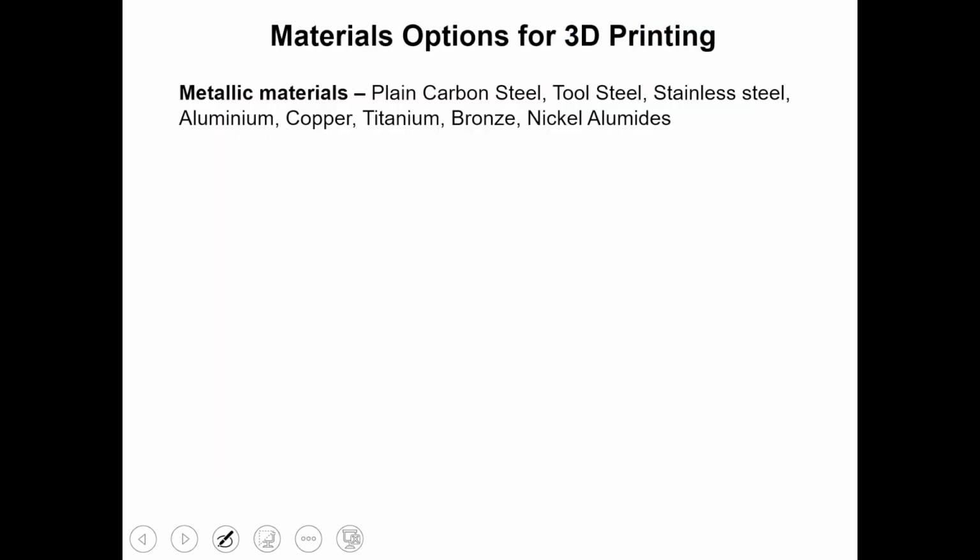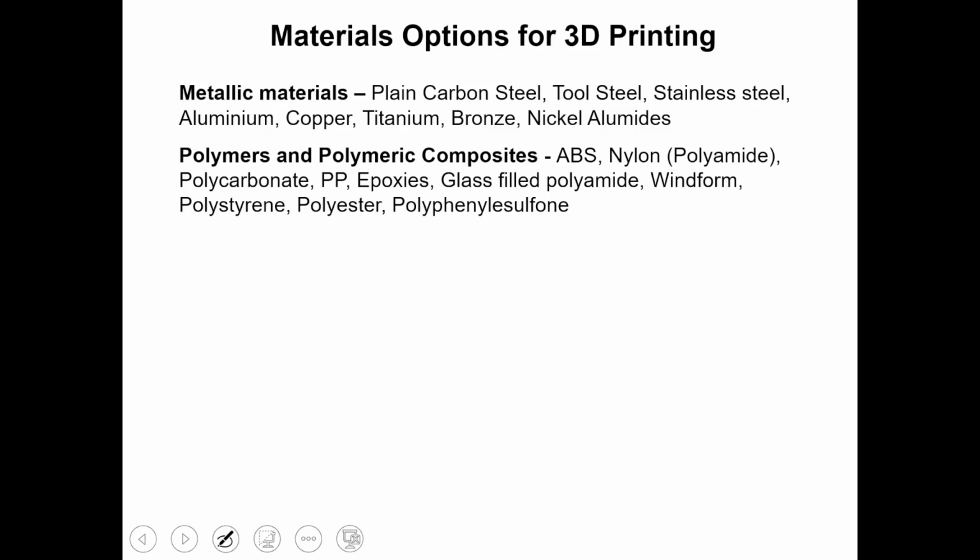These are toys. Material options for 3D printing: metallic materials such as carbon steel, tool steel, stainless steel, aluminum, copper, titanium, bronze, and nickel can be used.